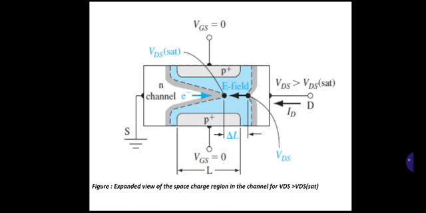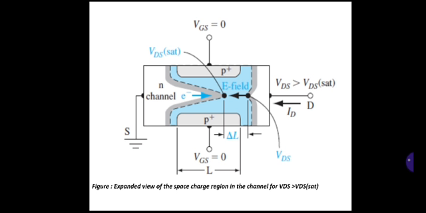Then finally, an expanded view of the space charge region in the channel for VDS greater than VDS SAT is shown here. The figure shows an expanded view of the pinch off region in the channel. Observe carefully, the N channel and the drain terminal are now separated by a space charge region which has a length delta L. Delta L is the change in the length.